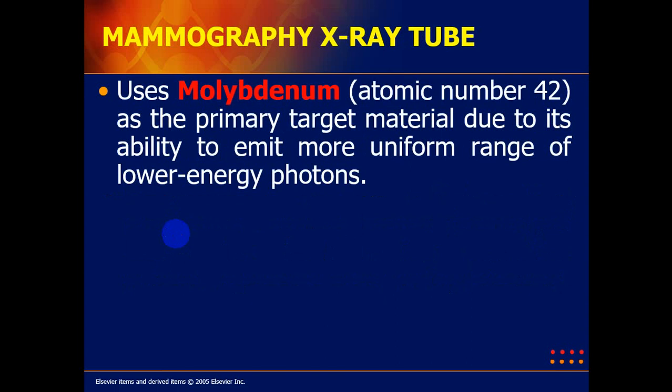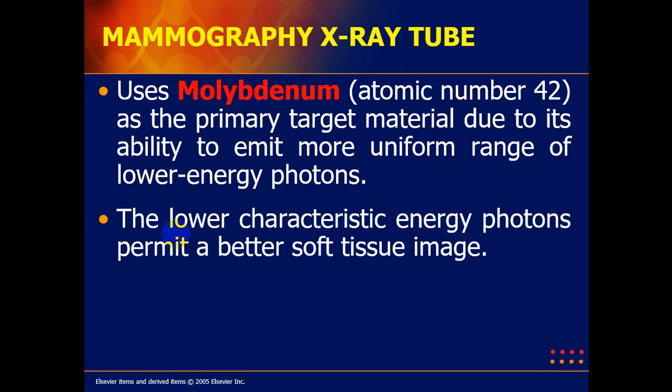We also have the mammography X-ray tube. It uses molybdenum, which has an atomic number of 42, as the primary target material due to its ability to emit a uniform range of lower energy photons. So the lower characteristic energy photons permit a better soft tissue image.